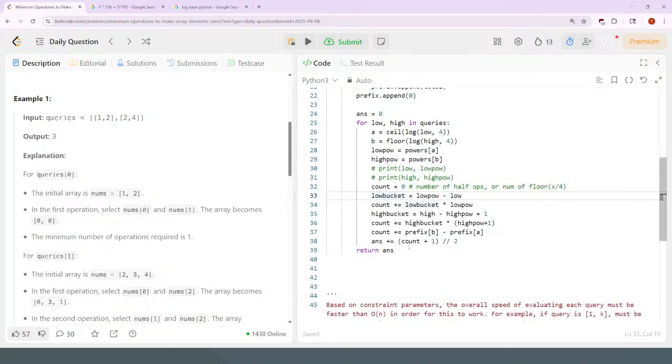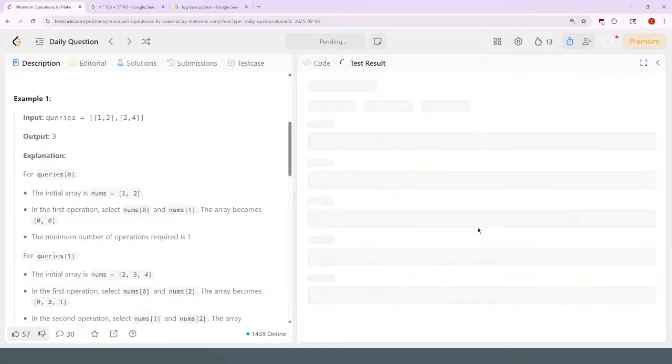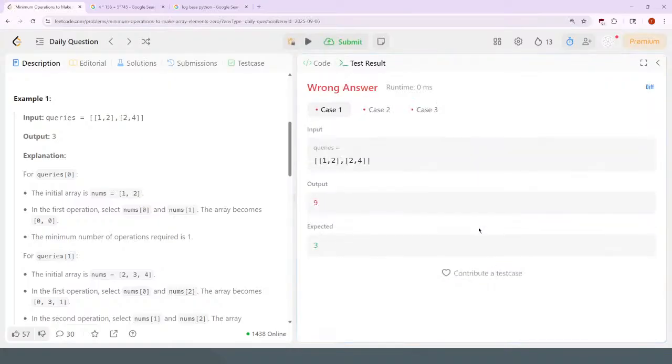This should maybe be B minus 1, A minus 1, is my sense of it. Or this could just be very off. It's just very off. Okay.